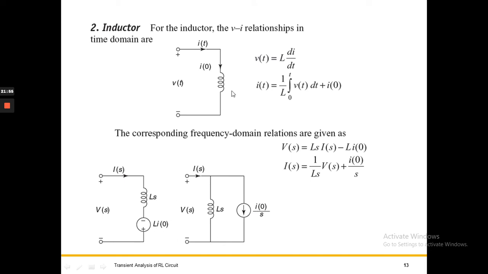See the polarity: the initial current through the inductance flows from top to bottom in this case. So the polarity of the voltage source should be positive at the bottom side, because the current flows out of the source. See the direction of the independent current source: since the current is from top to bottom, the current source direction should also be top to bottom.